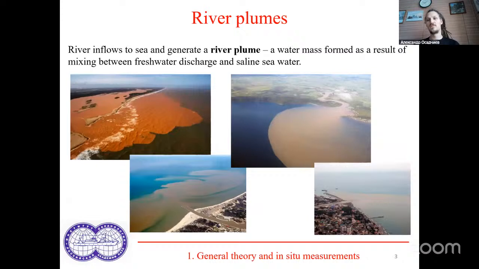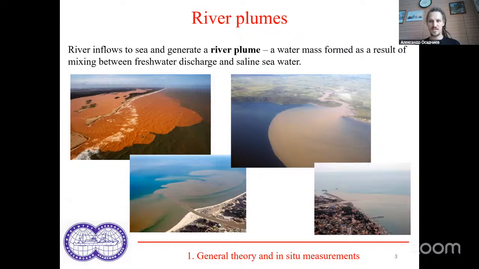Very often rivers are much more turbid than the coastal sea, and you can easily detect a river plume on satellite images, on aerial images from a plane, from the top. Even standing on the seashore, you can see the blue, not turbid marine waters nearby and the very turbid brown river plume water.